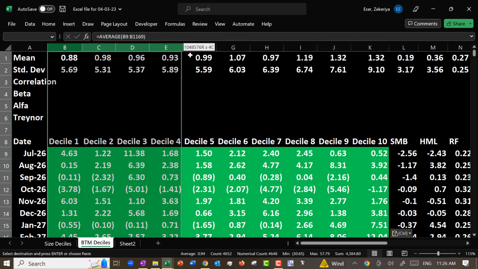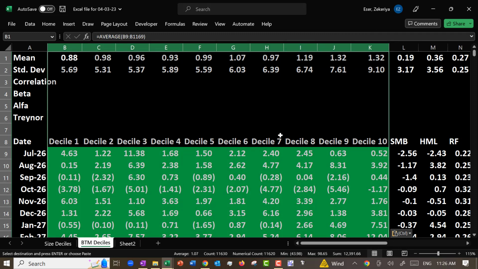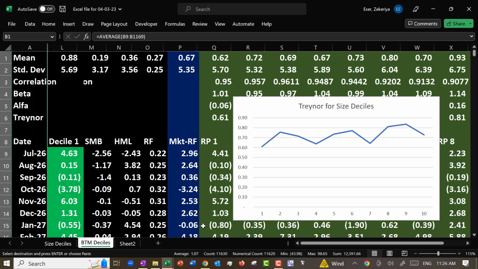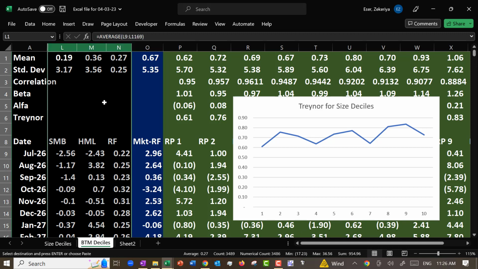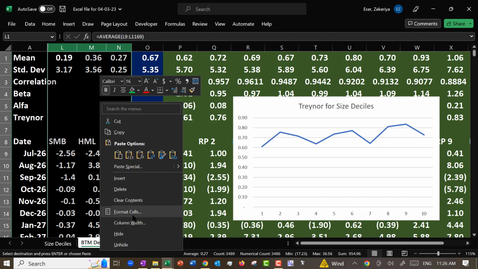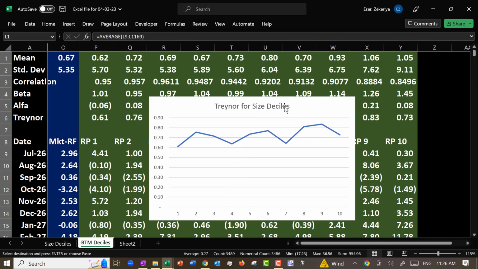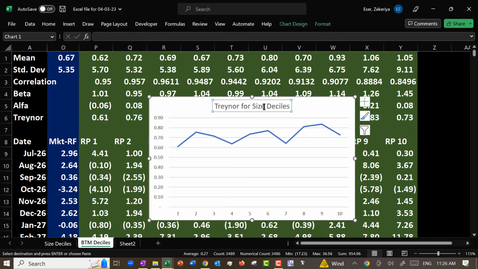Since I'm not going to need to look at these anymore, I'm going to hide them. Same thing with these. And this is based on book to markets.